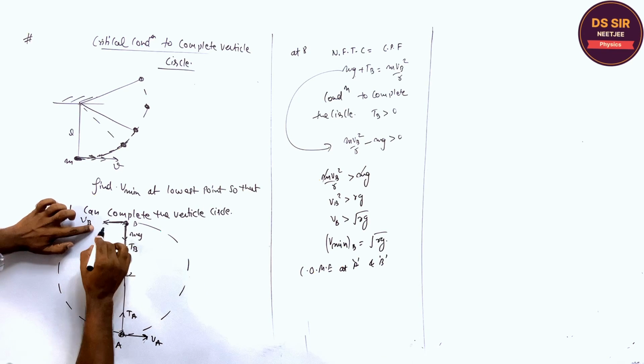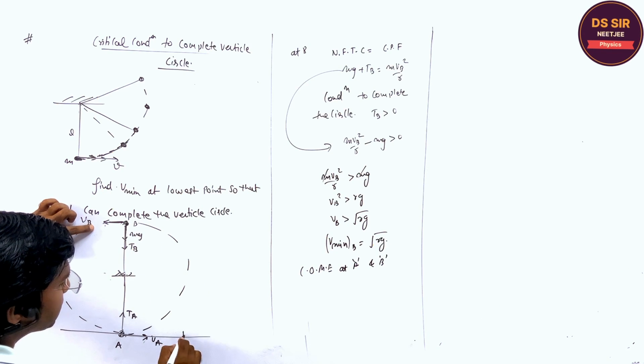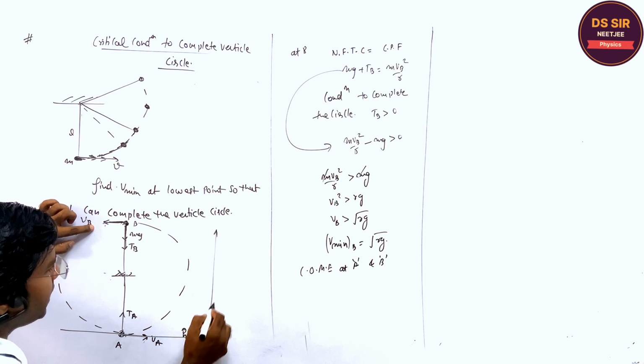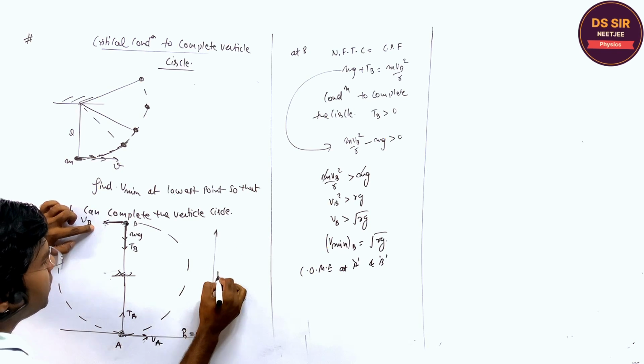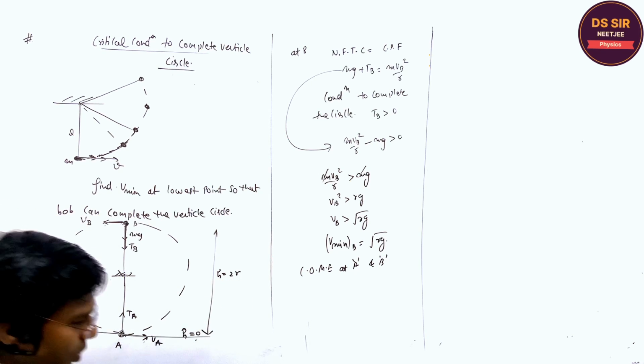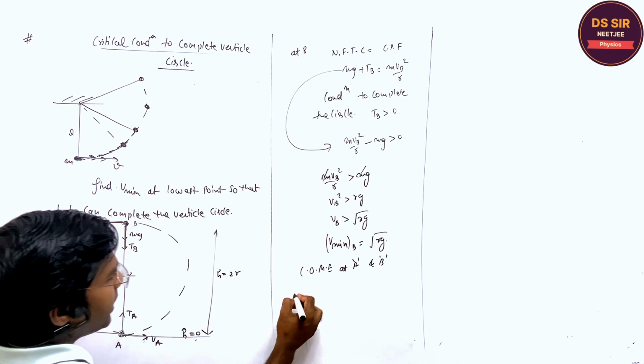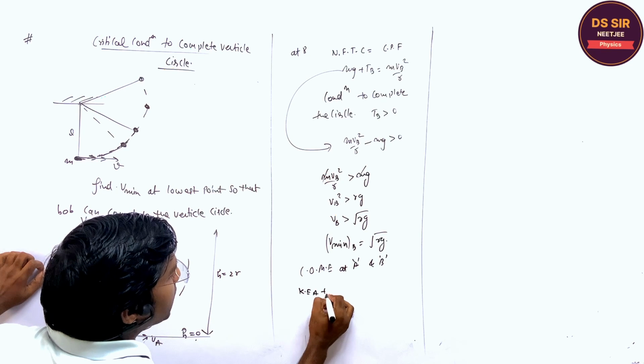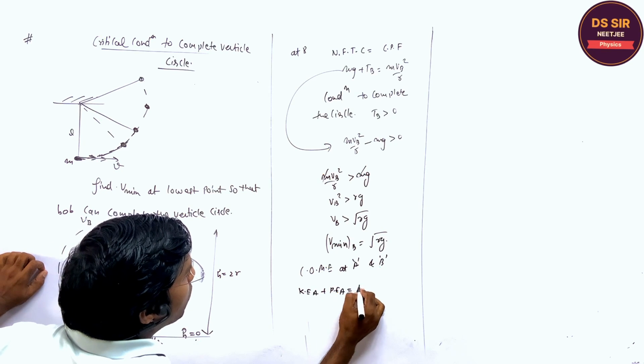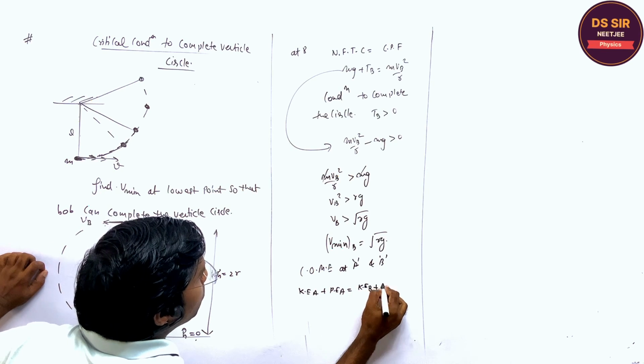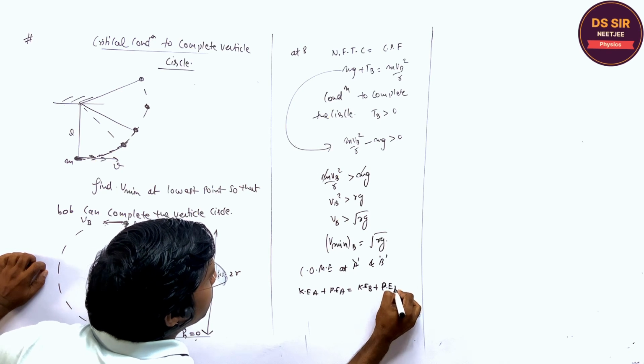If we know the speed at B and we have to find this, you take this as the reference, this is h equal to 0, and this h is equal to what? Equal to 2r. Alright. So I will apply kinetic energy at A plus potential energy at A is equal to kinetic energy at B plus potential energy at B.